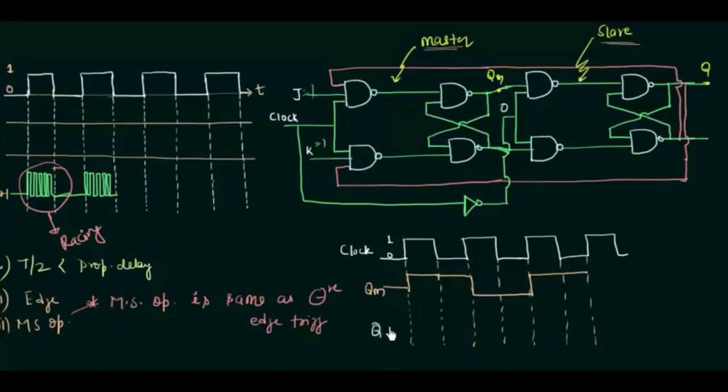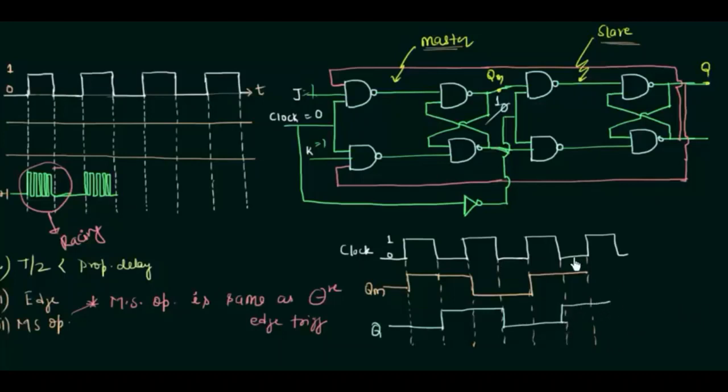So if 0 was the output previously, I am having a 0 stored till the clock is high, and when the clock is low, 0 here, I am having 1 here. It means the slave is operational. So it will go high and it will remain high until the clock again becomes low. So low and then high.